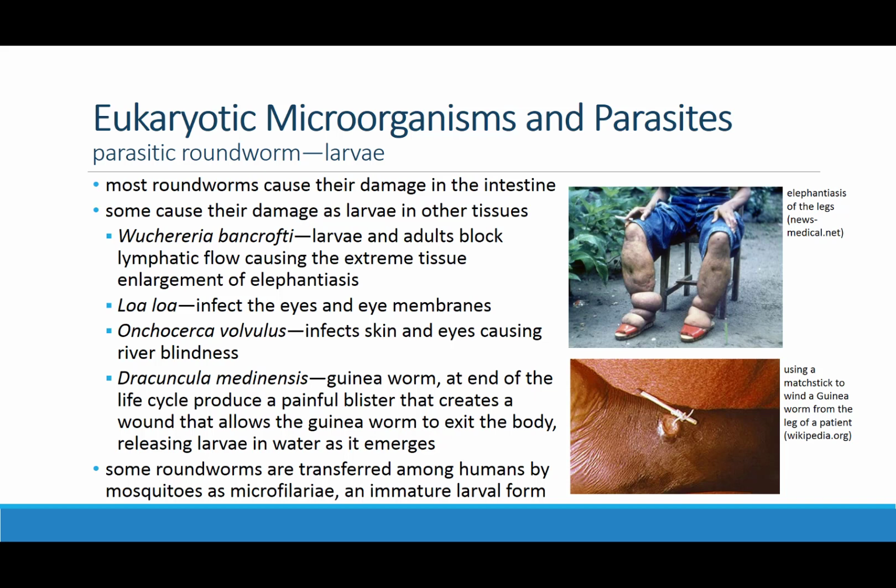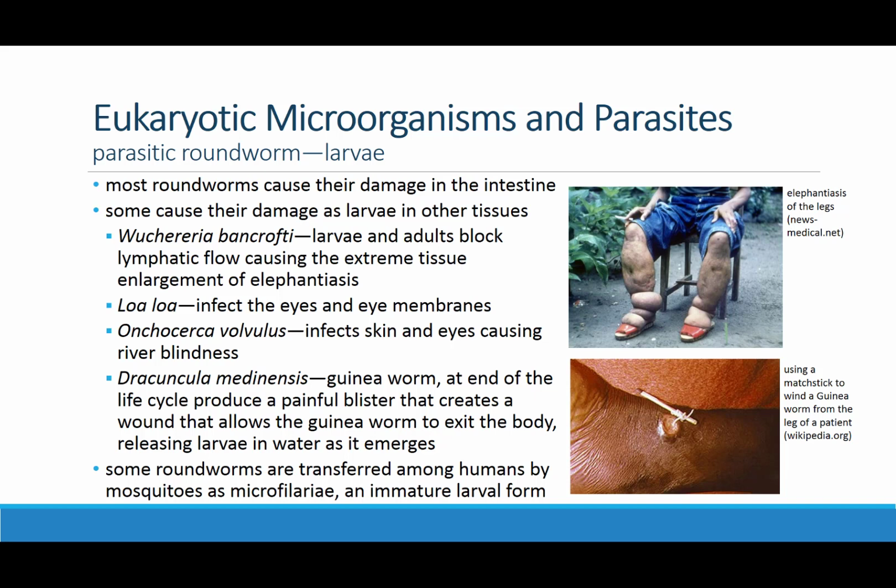Loa loa infects the tissues of the eyes and the eye membranes, and they even migrate from eye to eye by crawling across the bridge of the nose. The loa loa larvae and adults are able to crawl through cutaneous tissues at the rate of something like an inch every 2 minutes, so about a half an inch a minute. It just sounds really horrible.